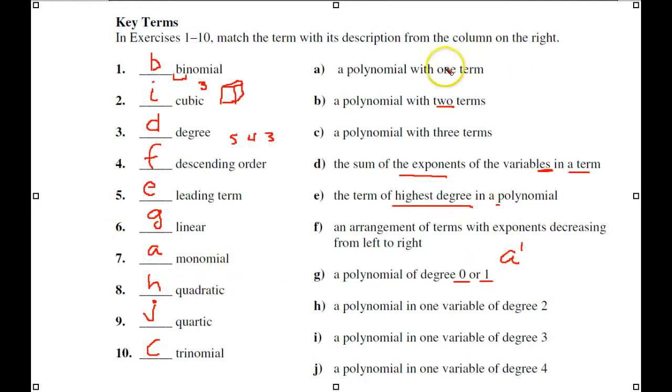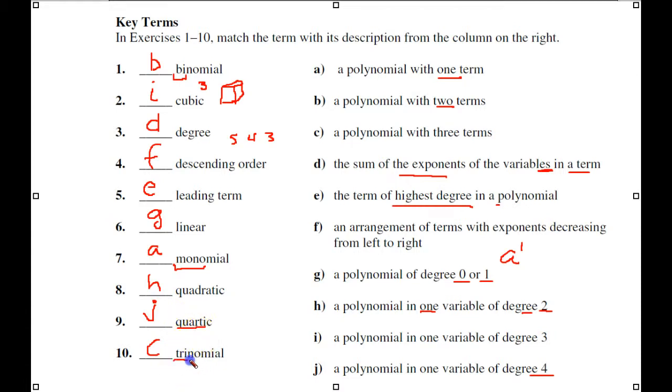Monomial is just one term, and the prefix is mono. Quadratic, having at least one variable to the degree 2, so something that is squared. Now, quartic is a polynomial in 1 variable to the 4th degree, and quart is sort of like 4 quarts in a gallon or something, I don't know.